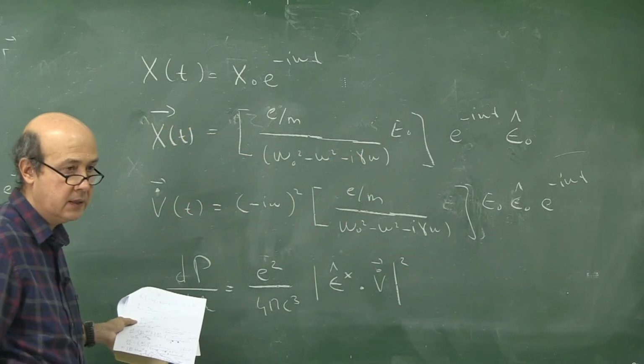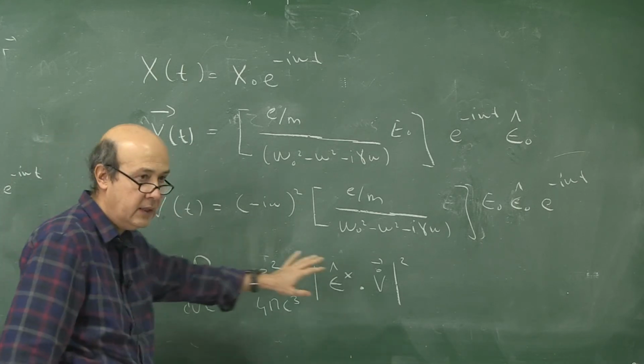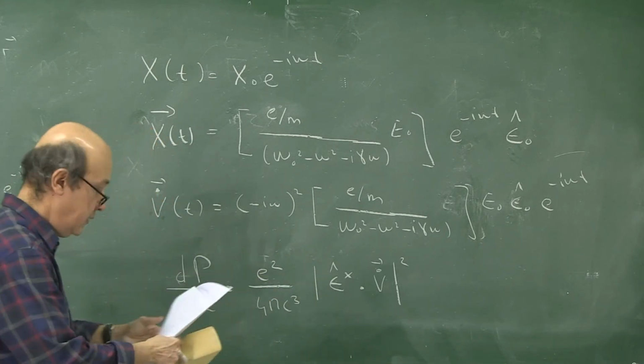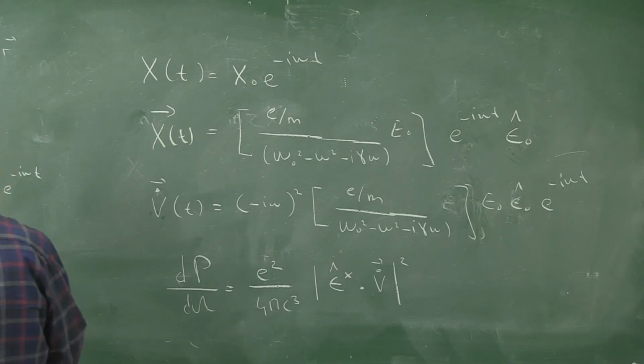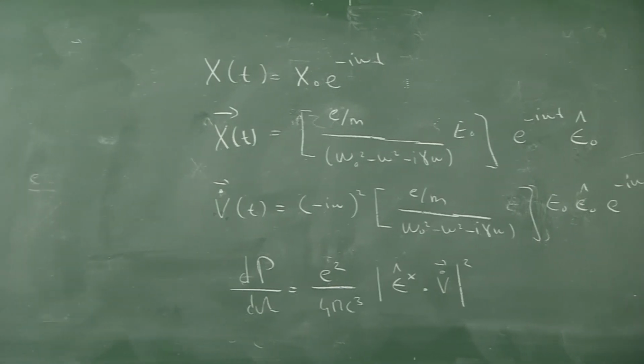Now what I am going to do, I will take this and plug in, and I will find the scattering cross section per solid angle. I want to do this more quickly and discuss the results.